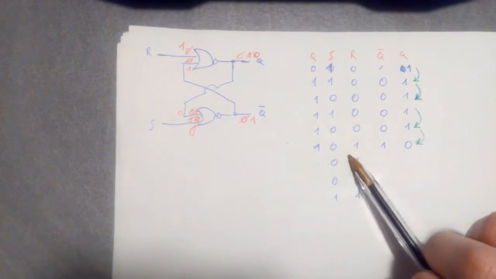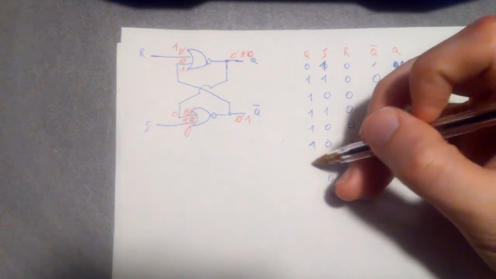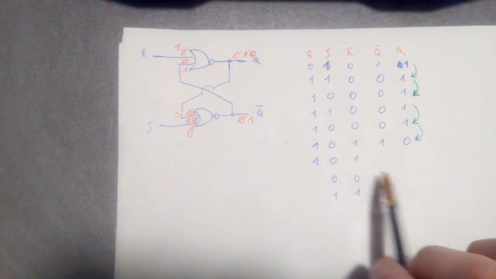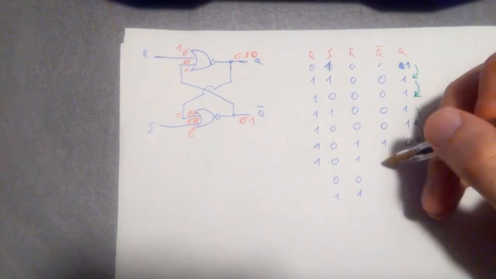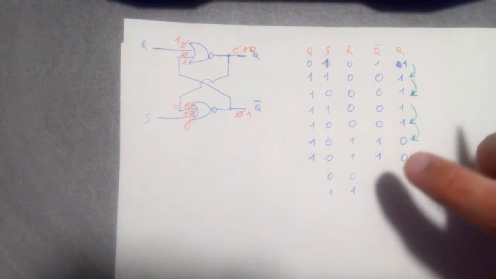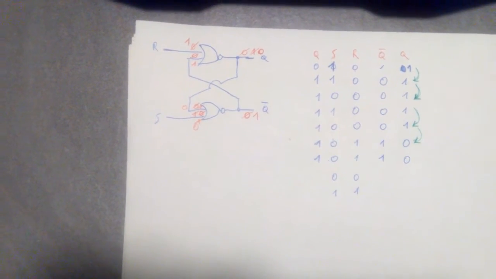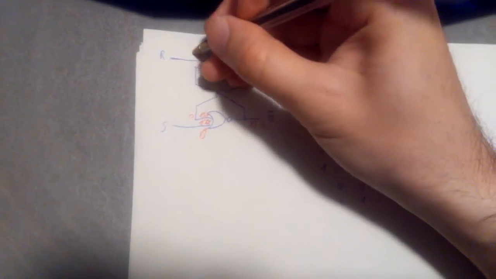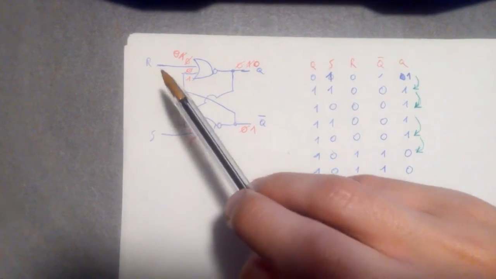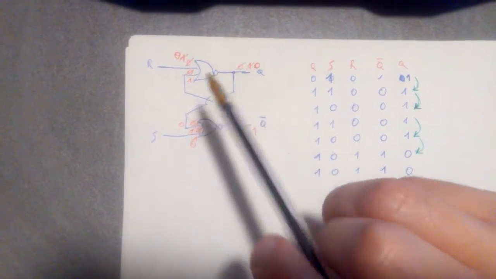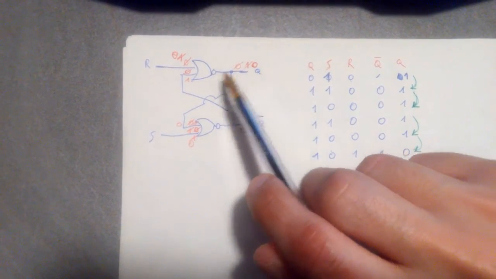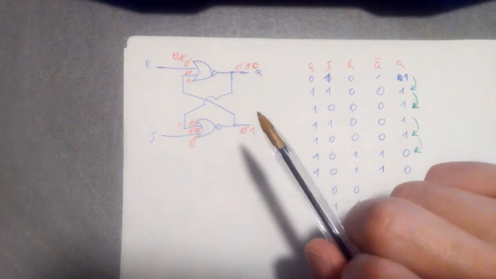So if we go on with this, it's not going to change because we're still going to have 0 and 1. So we're still going to have 1 and 0. However, now that we have 0, 0, if you remove the 0 here and we get 0, well, nothing surprising, because the state doesn't change because we still have this one input to the NOR gate, which is still going to give me a 0.